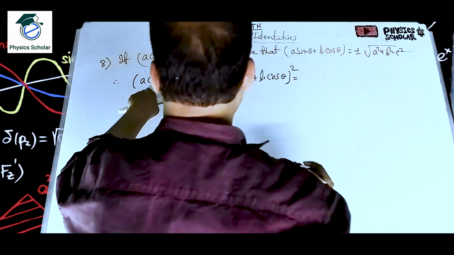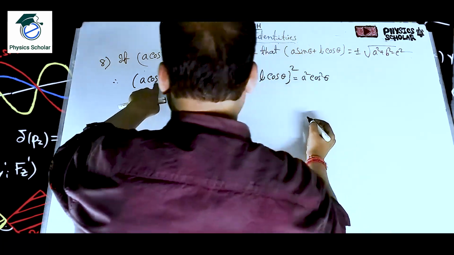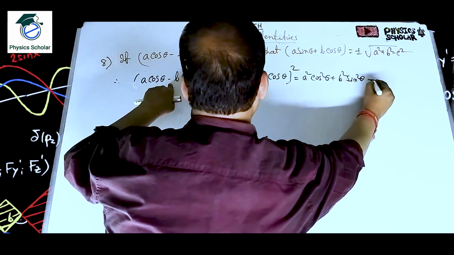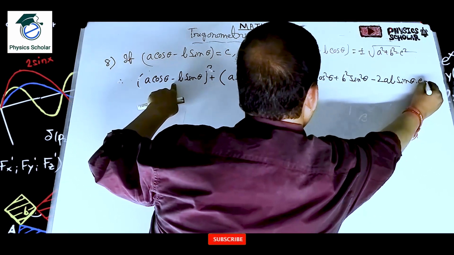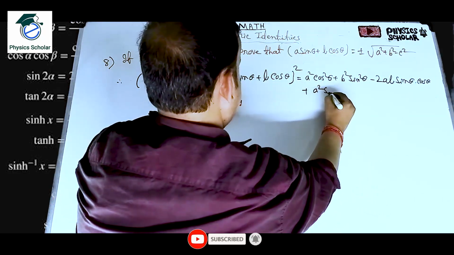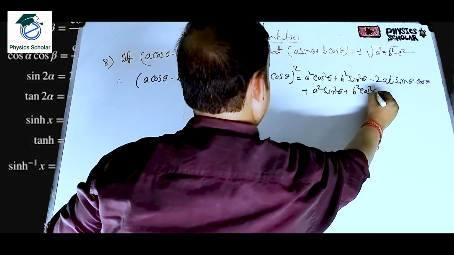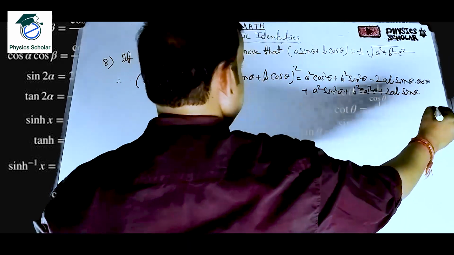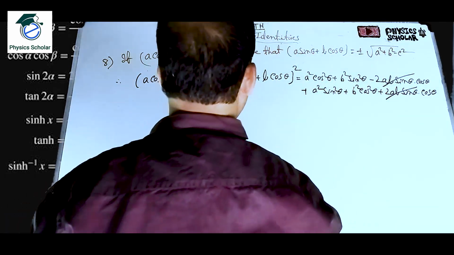By the formula, a square cos square theta plus b square sin square theta minus 2ab sin theta cos theta, plus a square sin square theta plus b square cos square theta plus 2ab sin theta cos theta. So minus 2ab sin theta cos theta and plus 2ab sin theta cos theta will be cancelled.